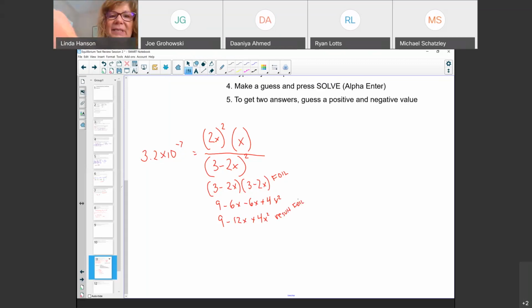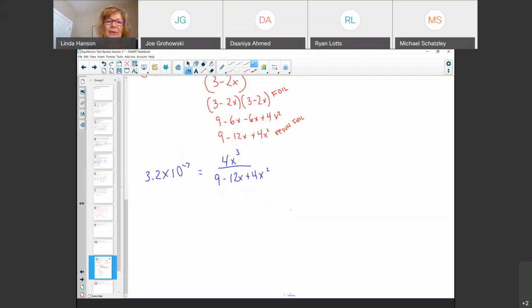I'll simplify up top as well. 2 squared is 4, squared times x is x cubed. Let me rewrite what we have so we can organize: 3.2 times 10 to the -7 is equal to 4x cubed over 9 minus 12x plus 4x squared.